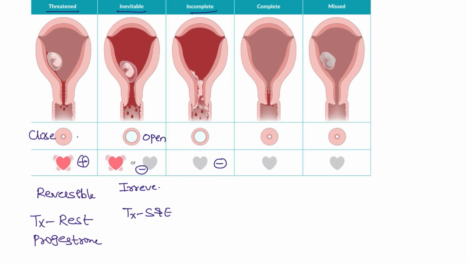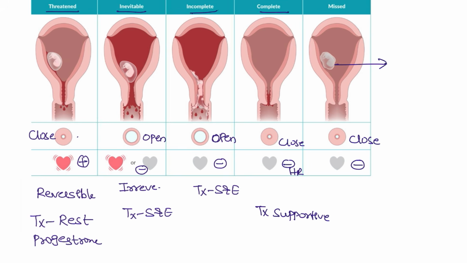Incomplete abortion, no heart rate, and the os is open. Here also treatment is suction and evacuation. Complete abortion, os will be closed, no heart rate. Treatment is just supportive. Control the bleeding, and if clots are seen again, just evacuate them. And missed abortion, no heart rate and os closed.